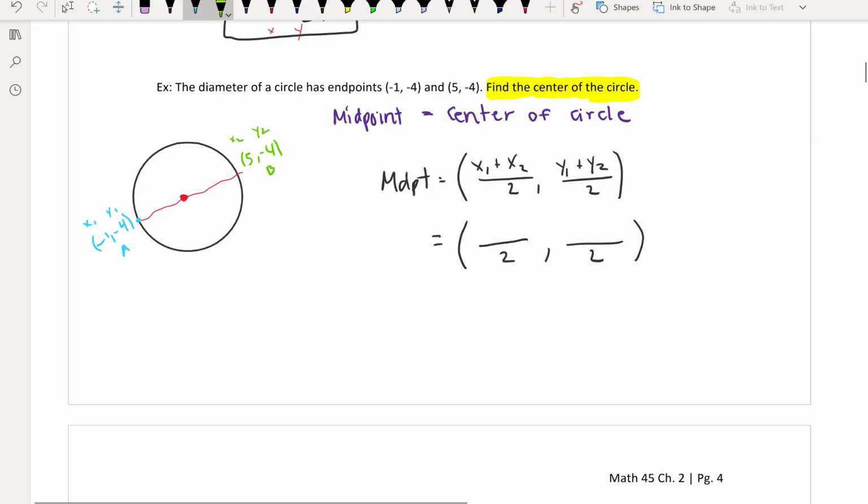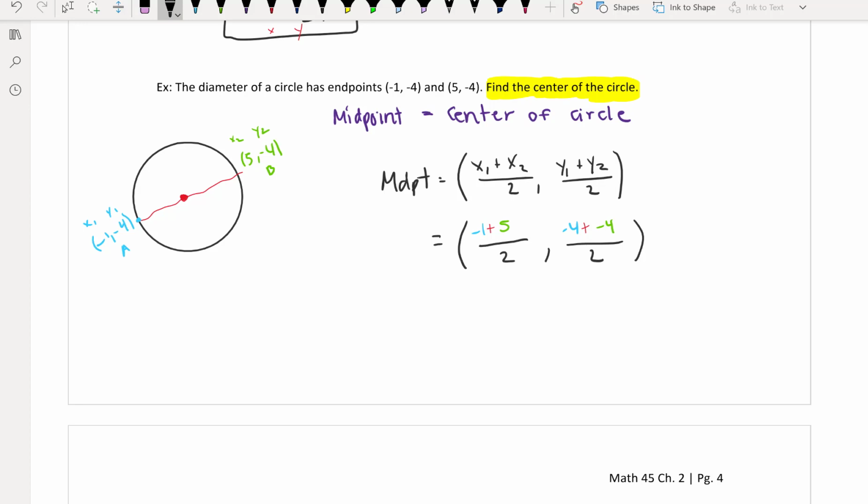My x1 value is a -1, and it's being added to my x2 value, which is a +5. Now I'm going to deal with my second fraction, my y values. I have a -4 plus my y2 value, which is a -4.